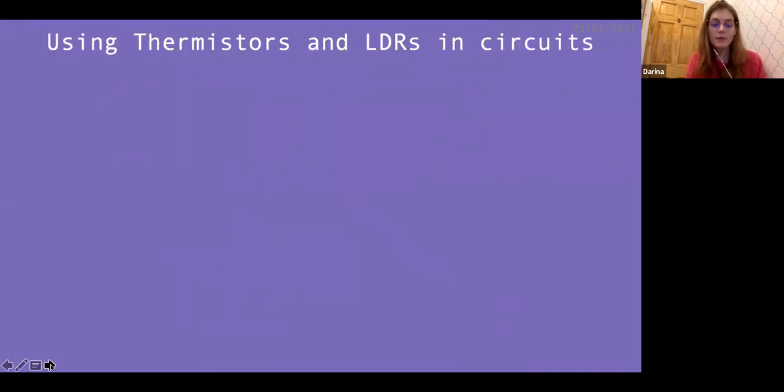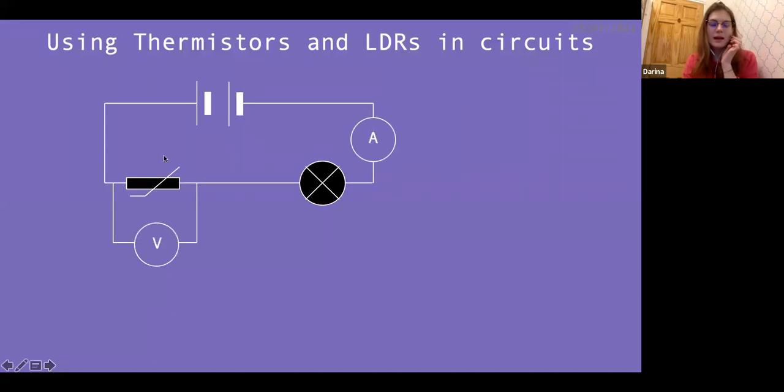So how do we use them in circuits? Well, in circuits, we can put them in to control certain components and how they work using either light or temperature. Here's an example of a circuit with a thermistor connected to a light bulb. In this case, maybe it could be an indicator of some sort.